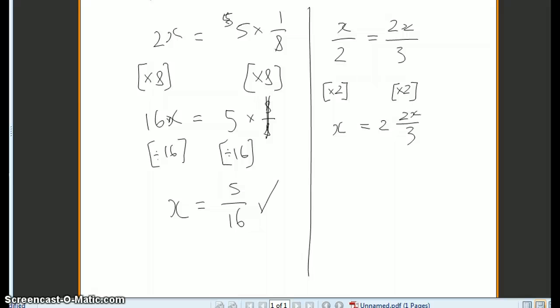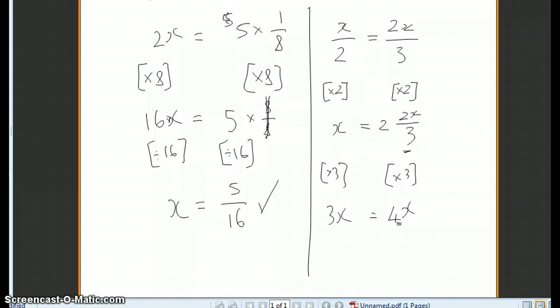Keep going with the fraction thing. I don't like fractions. Okay? To undo that 3 on the denominator, I multiply by 3 on both sides. Left hand side will read 3x, right hand side will read 4x. That's an unusual looking equation. 3x equals 4x.